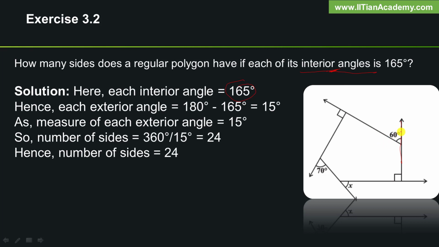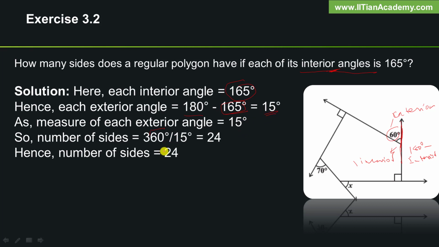In this diagram, you can see the exterior angle is equal to 180 degrees minus the interior angle, and vice versa. Hence, each exterior angle equals 180 degrees minus 165 degrees equals 15 degrees.